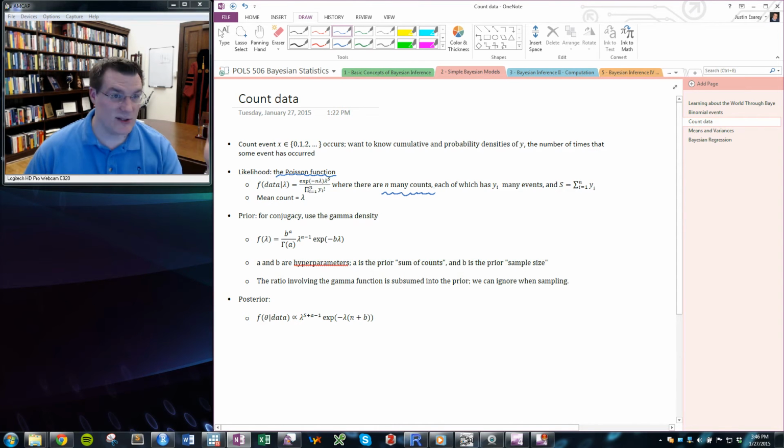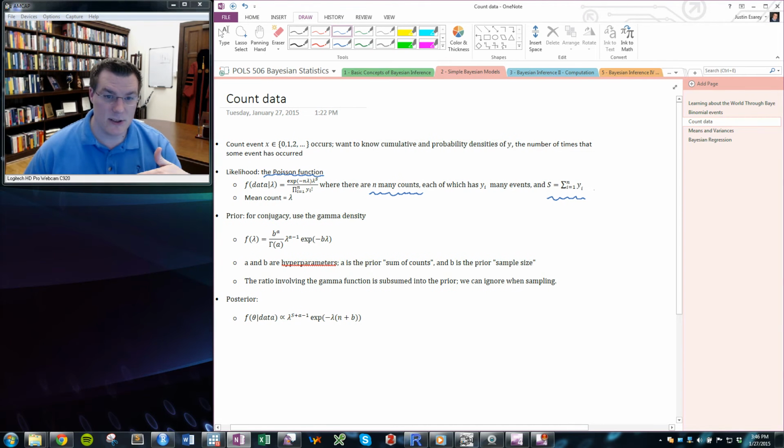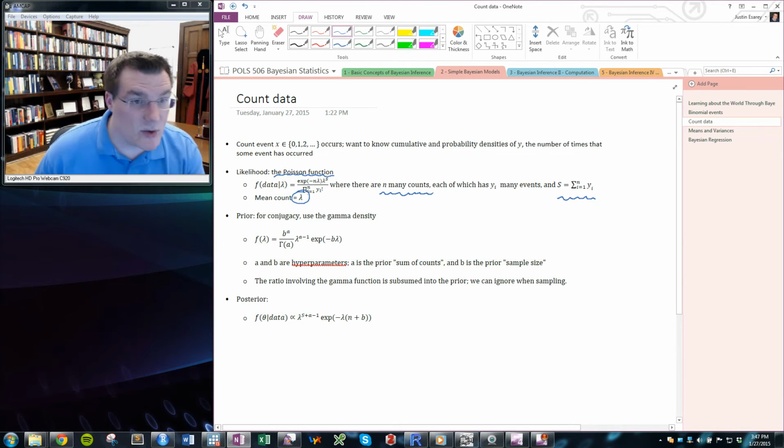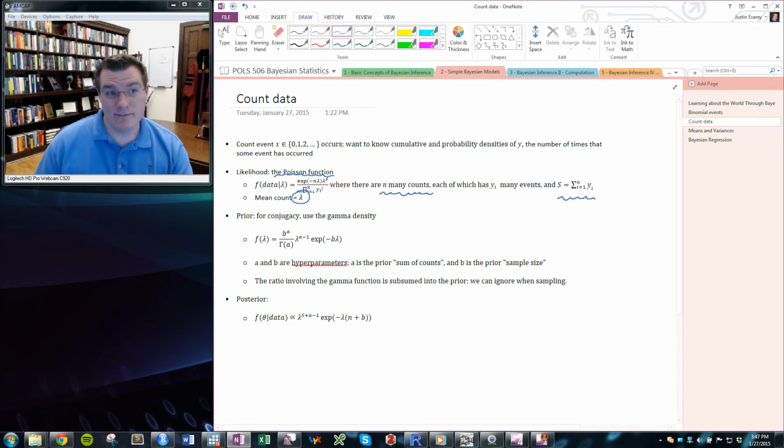For example, n many conflicts, each of which has a count of battle deaths in it. And then S is the sum over all observations of all the counts. That could be a very large number depending on exactly how much data you have. The mean of the Poisson is lambda, and we're going to try to use data to learn about lambda.